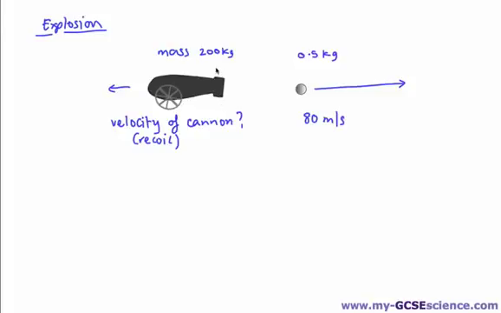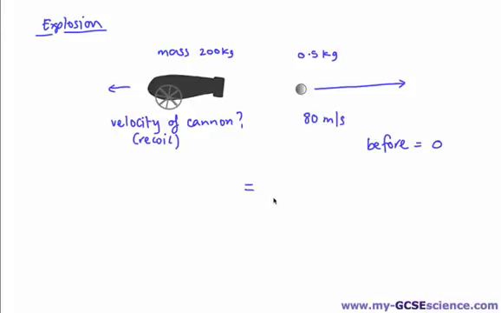So even if you work out the mass, 200 plus 0.5 times the velocity of 0, the momentum before equals 0.